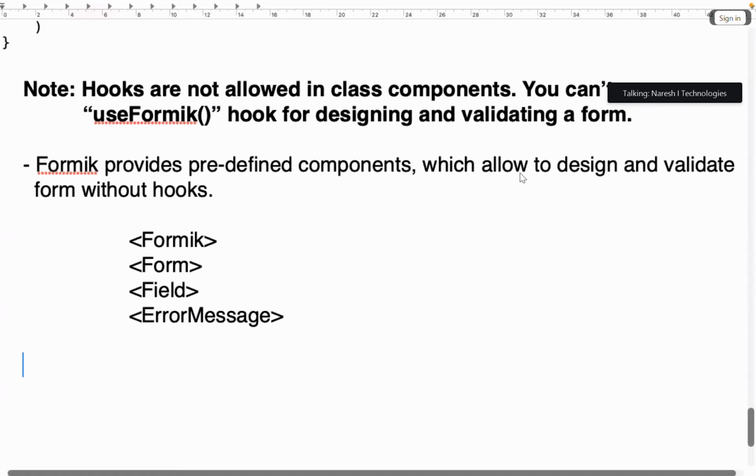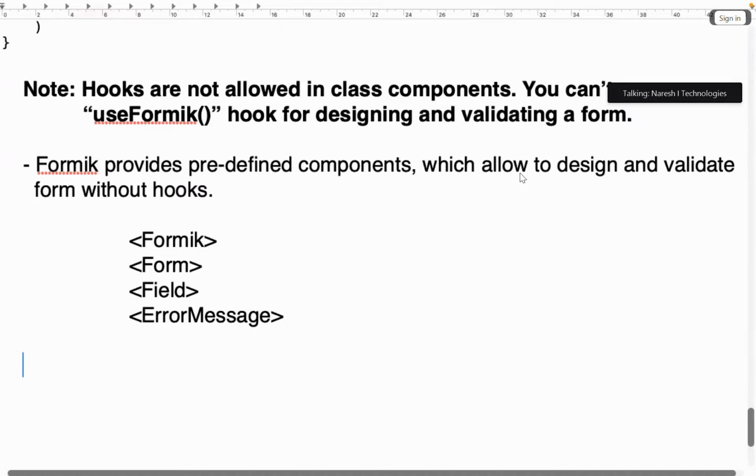So these are good. Even in function components also you can try. But the problem with them is they will not allow you to modify each and every design that you want. They are ready-made, already having everything, you just customize. If you want to design your own way, then you write the above approach.